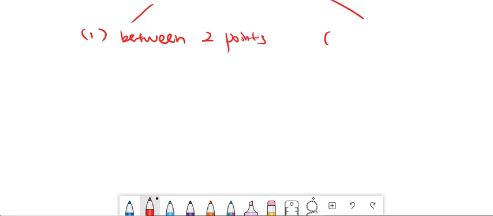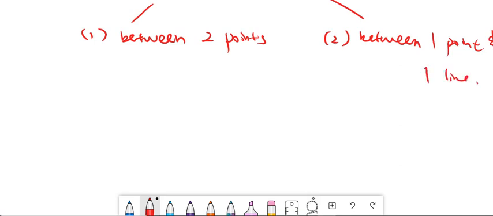distance here, you have two types. The first type is the distance between 2 points. Then another one will be the distance between a point and a line.